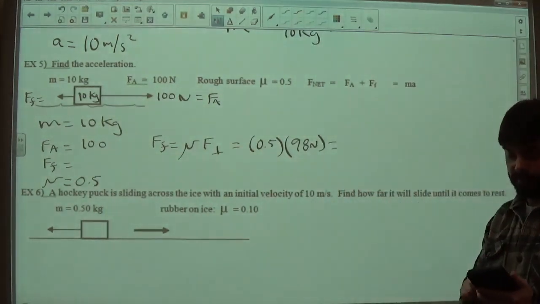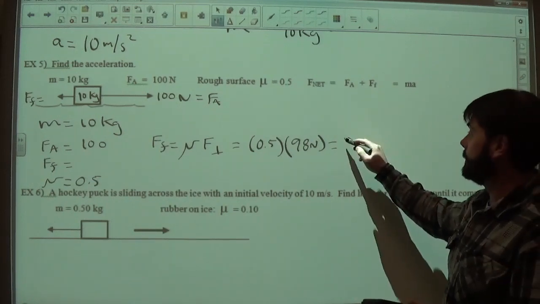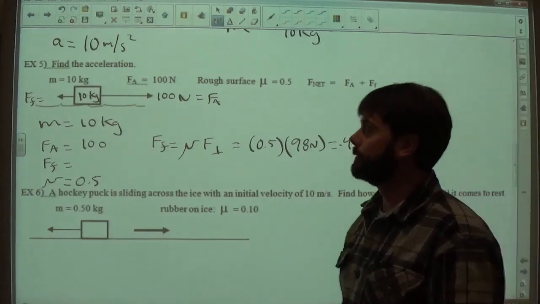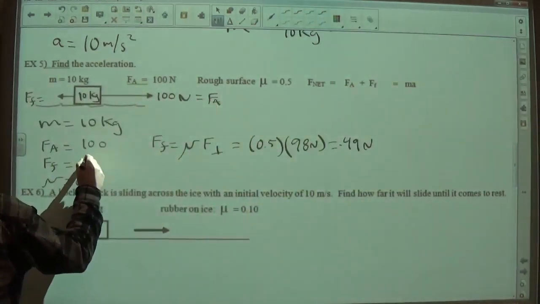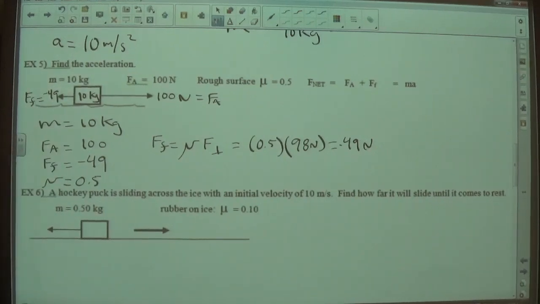If the coefficient of friction is 0.5, then the force of friction is going to be half of that. We generally call frictional forces negative, so I'm going to say this is a negative 49 going this way.